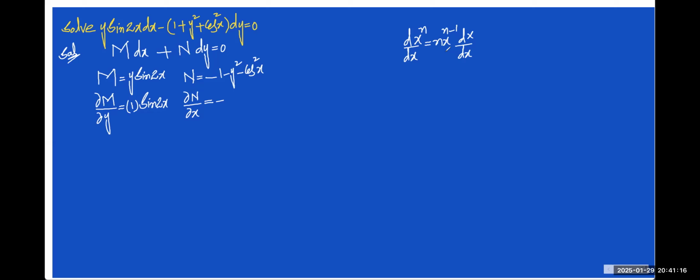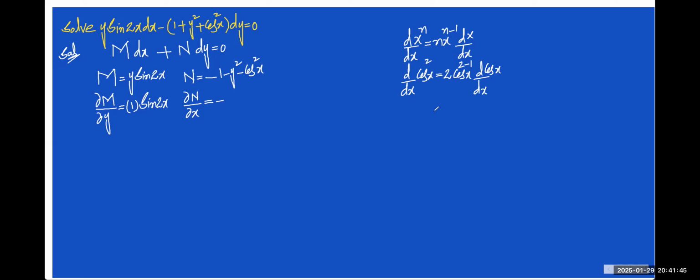Please reply. If you reply, then only it will be convenient for me. Now d by dx of cos square of x. The square term we are going to differentiate. Comparing, your n value is 2 here and our x value is cos x. All to the power of 2 minus 1 into d by dx of cos x.